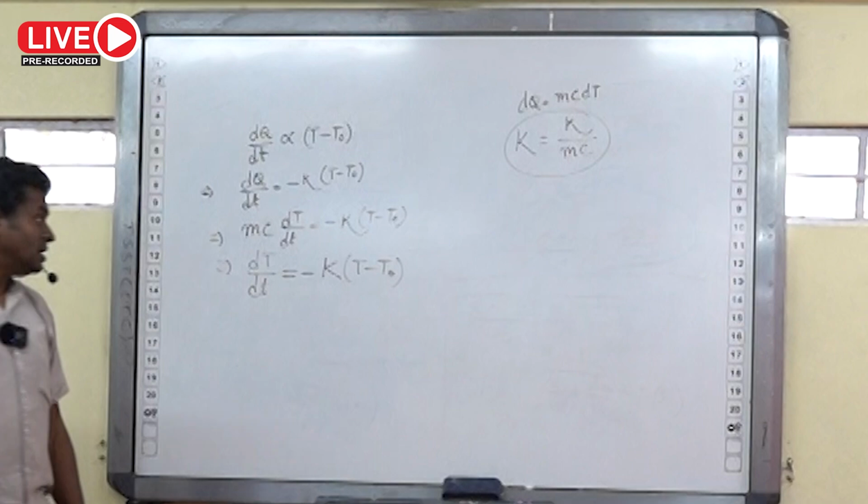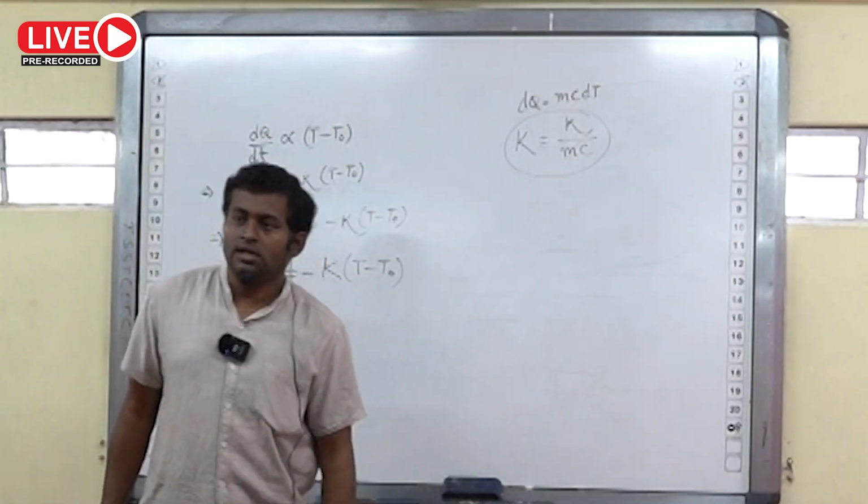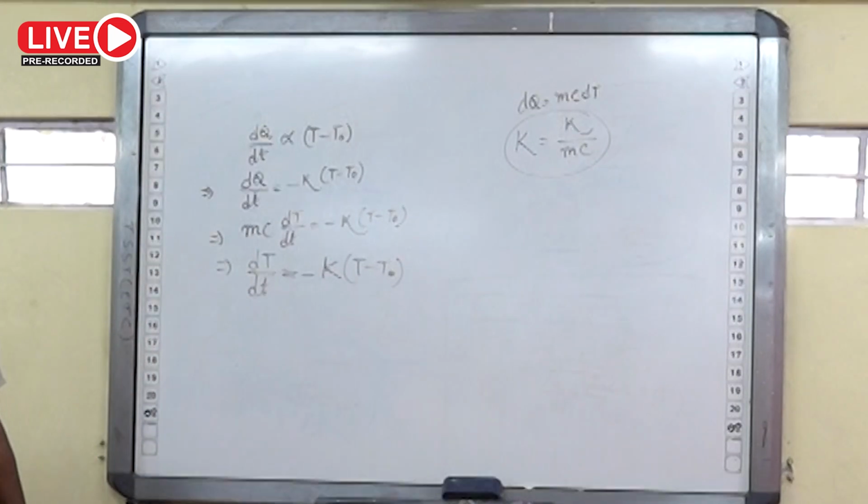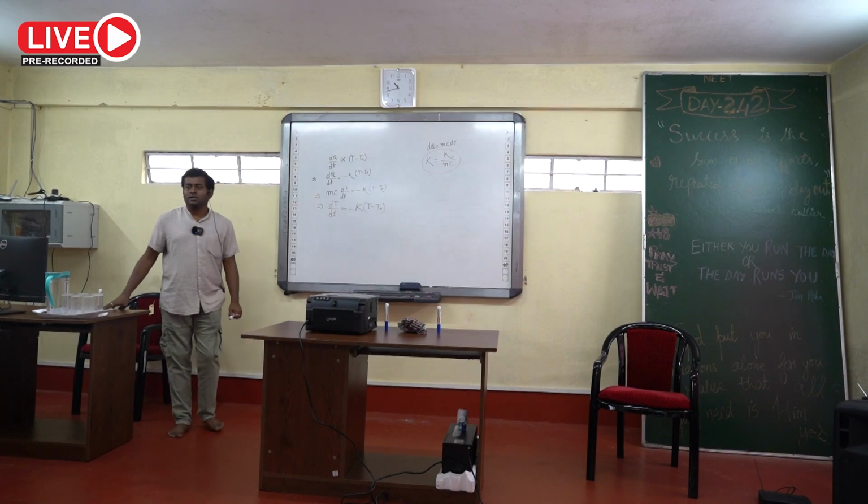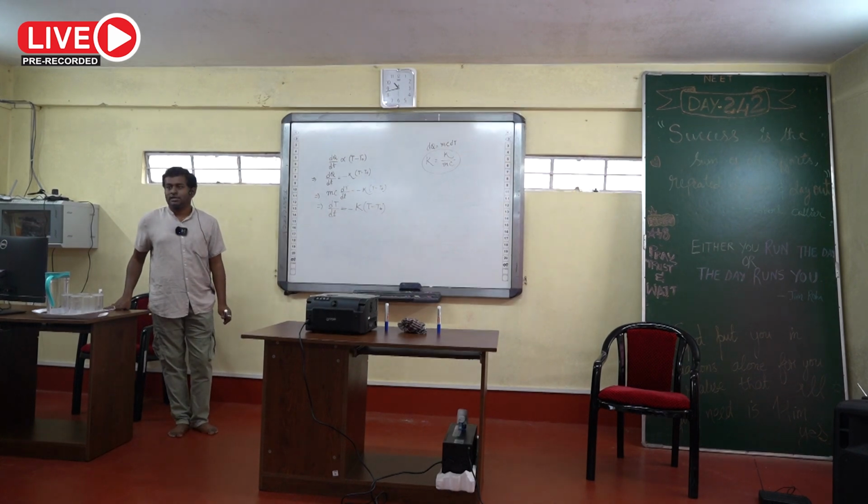Now, how to find the final temperature of a body after a certain time? If the temperature now is Ti, suppose, what will be the final temperature at a later time?